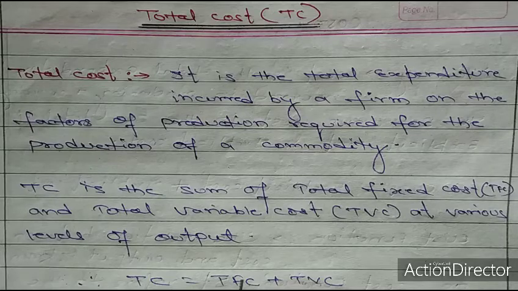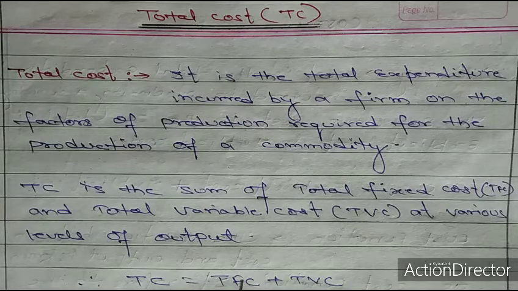Normally TFC remains the same at all levels of output. We discussed that total fixed cost is always the same at all levels of output. The change in total cost is entirely due to total variable cost, because if you remember, the curve of total fixed cost was a straight line parallel to the x-axis, and the graph of variable cost was inverse S-shaped.